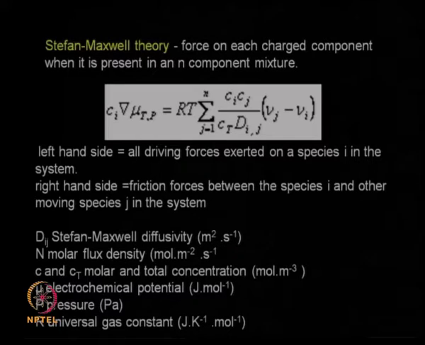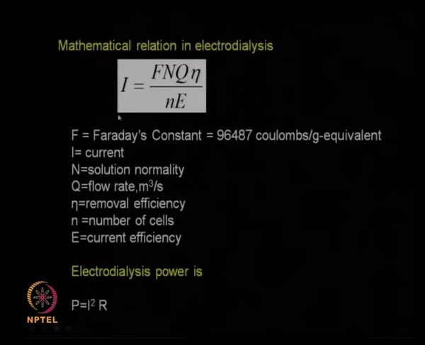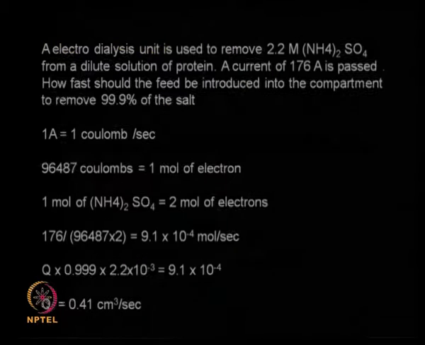We will not go too much into that, that is too much of a fundamental study, whereas this equation may be much more useful, which gives you an idea about the amount of current when you have n compartments, when you know the efficiency of the removal process, the efficiency of the current, the solution normality, and the flow rate. This equation is much more useful, and of course this gives you an idea about the power. So this equation is also pretty useful.